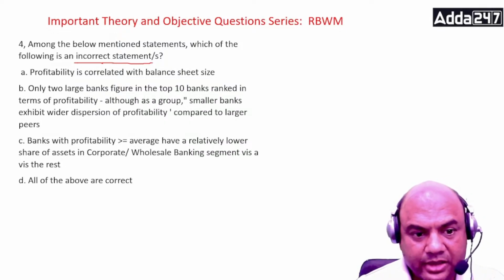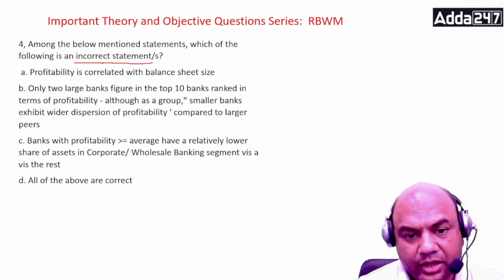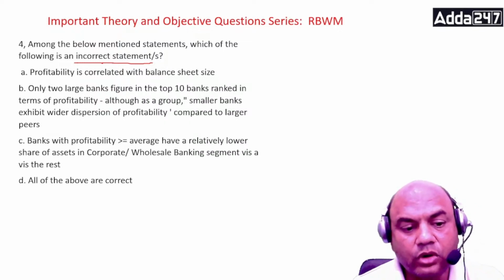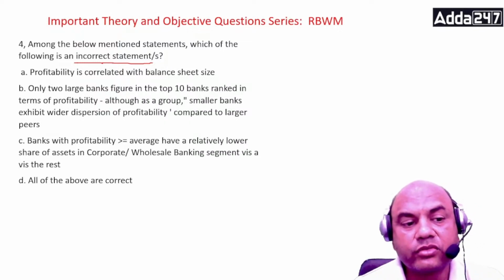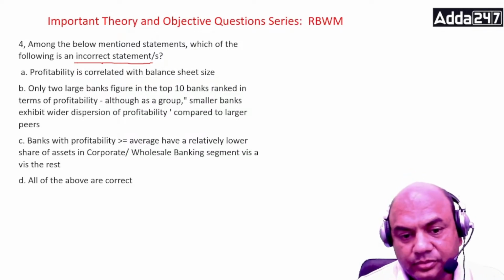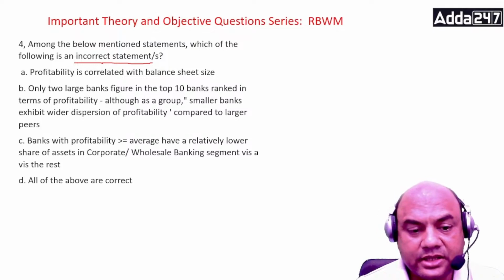Banks with profitability greater than or equal to average have relatively lower share of assets in corporate or wholesale banking vis-a-vis the rest. Or all the above sentences are correct. Now it's a tricky one.